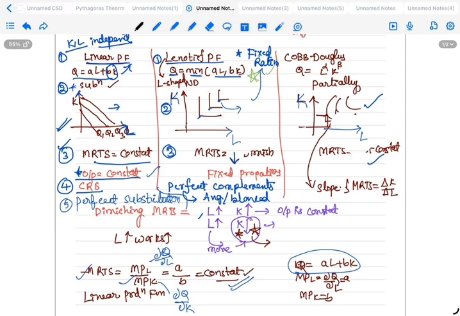MRTS is diminishing. Marginal rate of technical substitution is diminishing in the Leontief production function, constant in the linear production function, fixed proportion, and perfect complements. When the MRTS is diminishing, these are perfect complements.